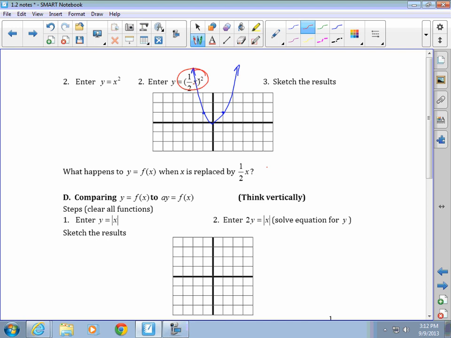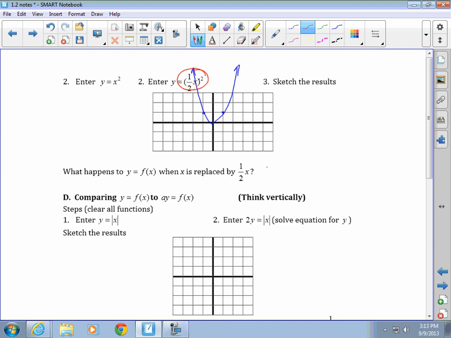If this is a 1, it's just our normal graph. If it was a number bigger than 1, it got narrower. And now this is a fraction, and if you remember from parabolas, when you had a fraction in front, then your graph got wider. So that's what happens to this one.